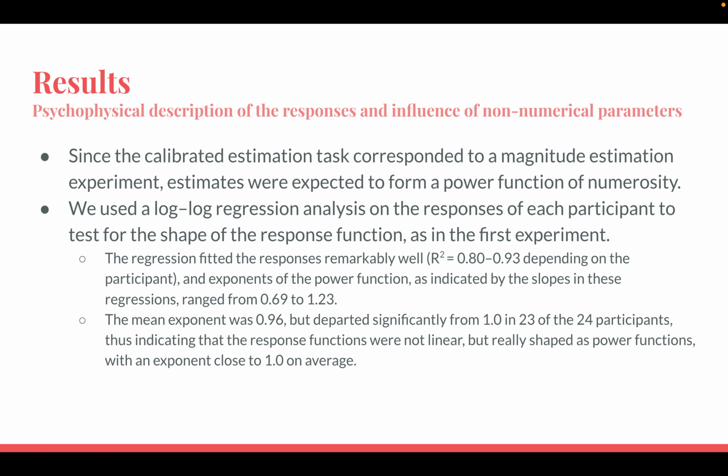Since the calibrated estimation test corresponded to a magnitude estimation experiment, estimates were expected to form a power function of numerosity. So they used a log-log regression analysis on the responses of each participant to test for the shape of the response functions. As in the first experiment, the regression fitted the responses remarkably well.